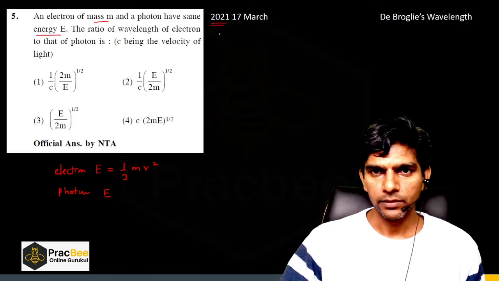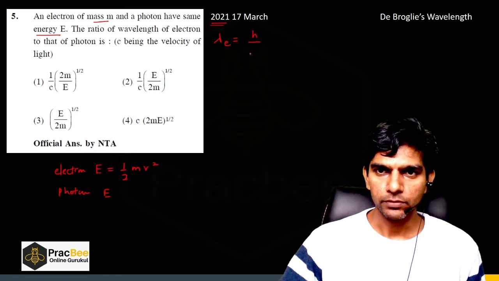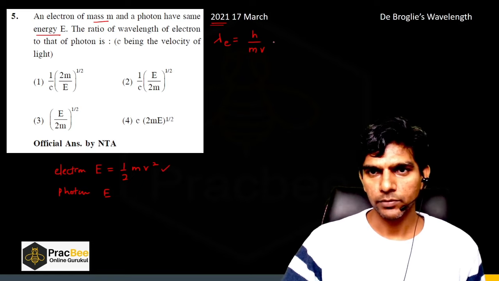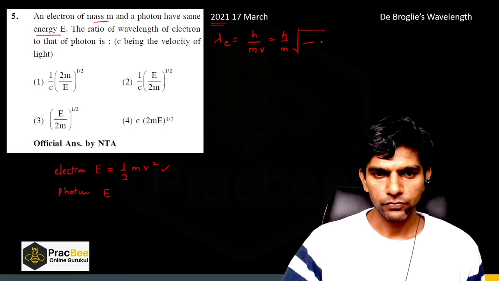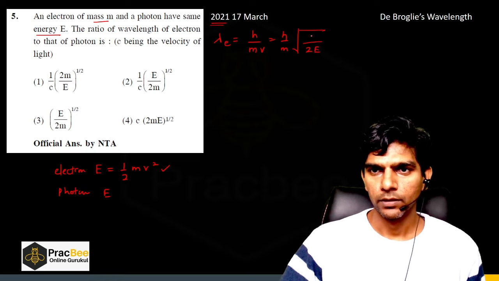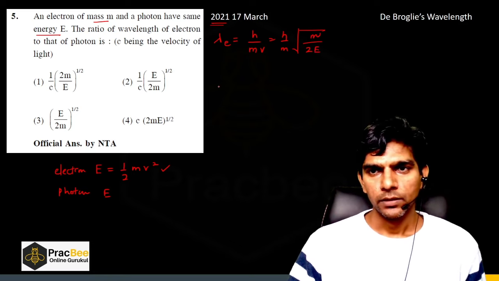Right. So if you want to find the wavelength for electron, it will be h upon mv. And from this relation, we can say v is nothing but root of 2E by m, where m is the mass of the electron.